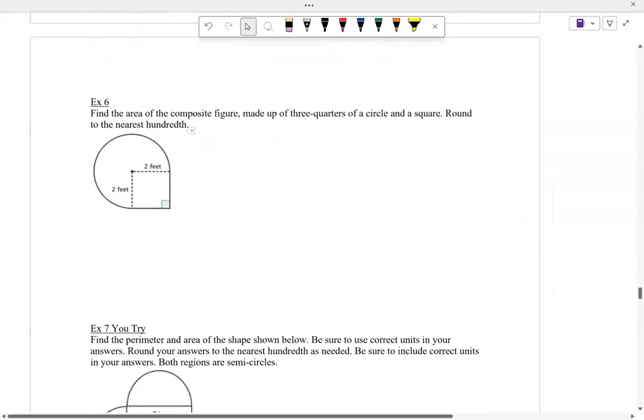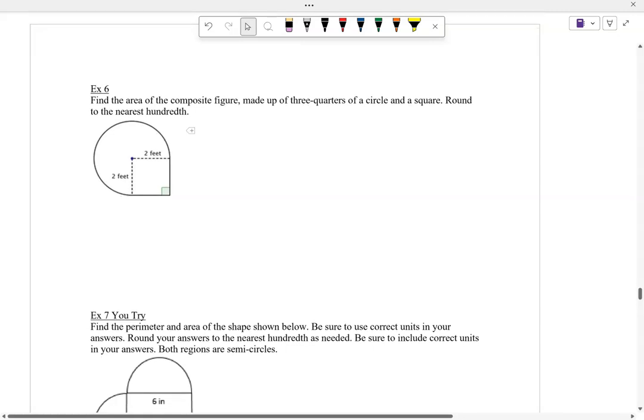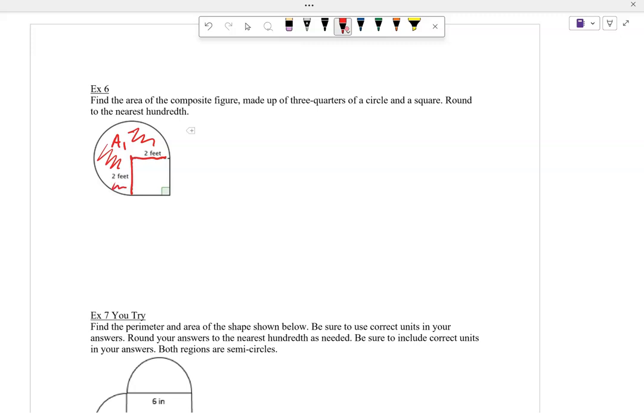All right, let's do another composite. What about if we've got 3/4 of a circle and a square, but they want the area this time. We want the area. So let's do this as area 1, and that would be in red. All this in red. Okay, so 3/4 of a circle.